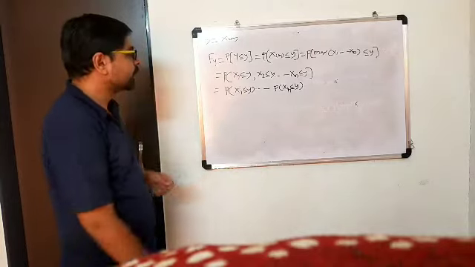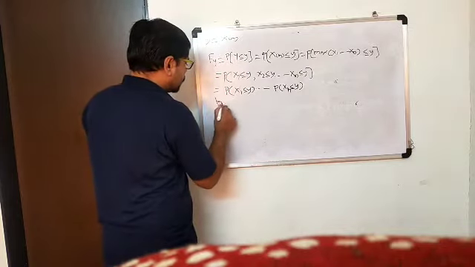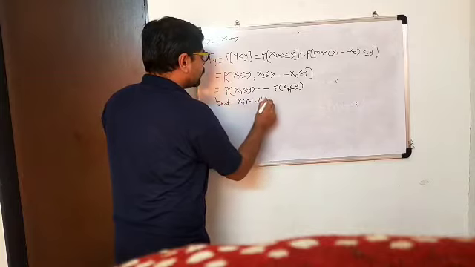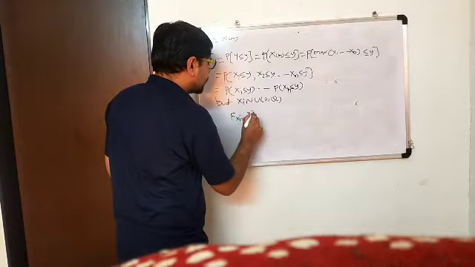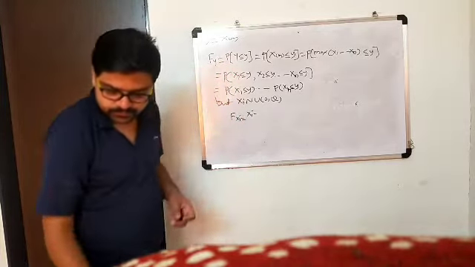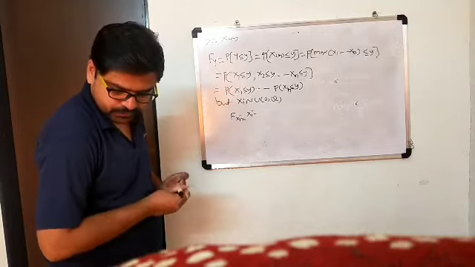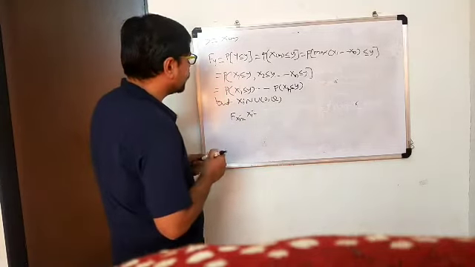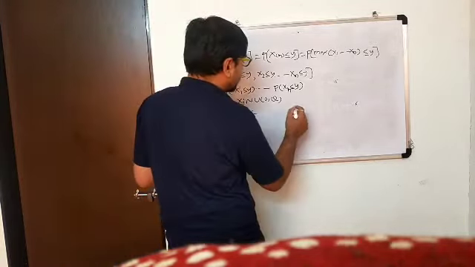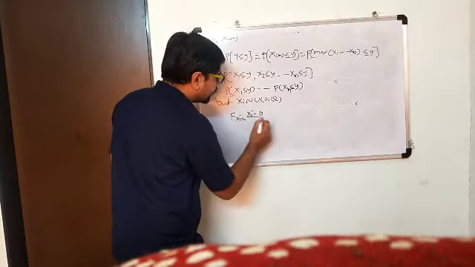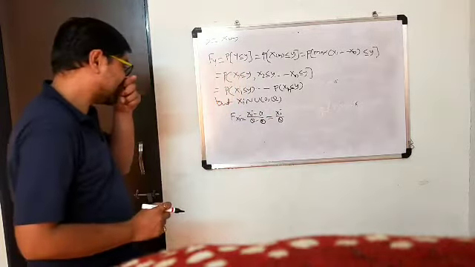Each Xi follows uniform(0, theta), so the distribution function is (x minus a) upon (b minus a), that is, (x minus 0) divided by (theta minus 0), which comes out to be x by theta.